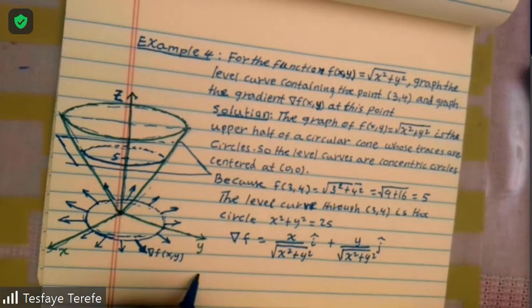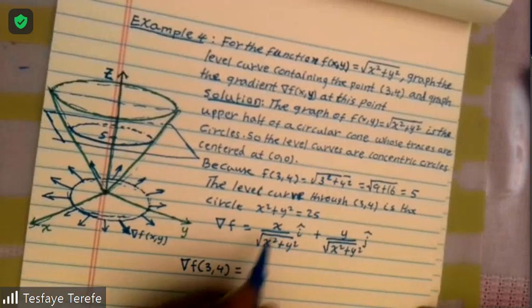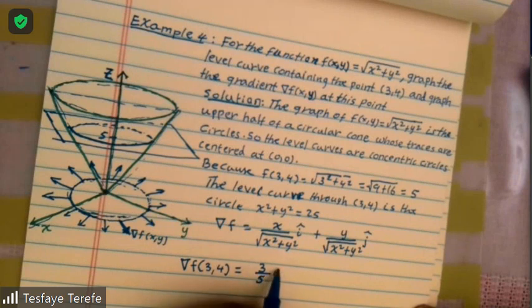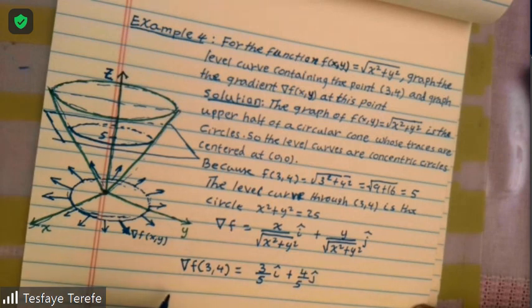Then now, what is the gradient of f at the point (3, 4)? Well, x is 3, and this one is 5, and y is 4, and this will be 5. And that's it. And as you see, this vector is orthogonal to the level curve. I drew it just simply and showed you, but actually we can verify it.